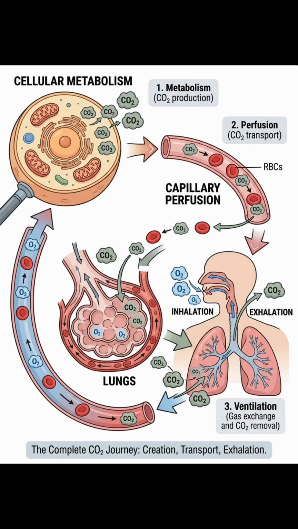Finally, the lungs eliminate the CO2 during exhalation. That means there are four major components involved. Metabolism produces CO2, perfusion transports it, ventilation removes it, and then, of course, the airway allows the gas to escape. If any one of these systems fails, then the capnogram will change. And that's why capnography is much more than just a ventilation monitor.